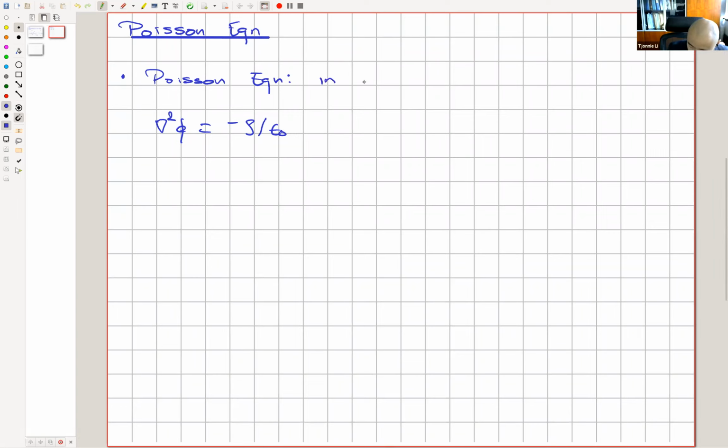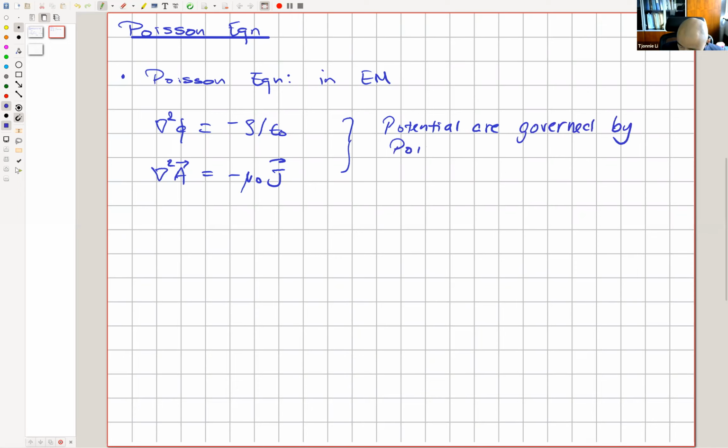Okay. So this is the Poisson equation in electromagnetism, and we have the corresponding 3 Poisson equations for the vector potential. Okay, so indeed, the potentials are governed by Poisson equations.